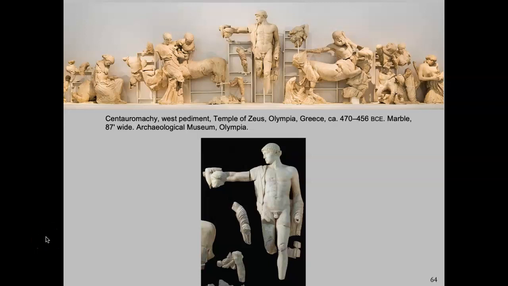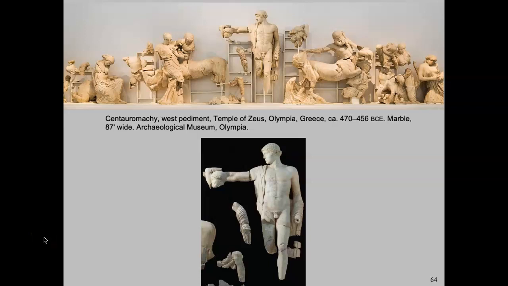And given the political moment that is just following the conquering of the Persians by the Greeks, we could also see a political metaphor in which the Lapiths represent the Athenians and the Centaurs represent the Persians.